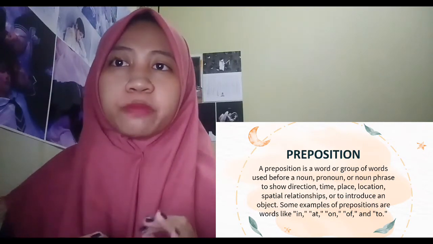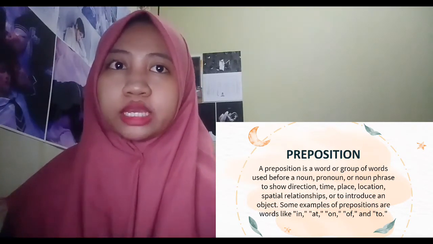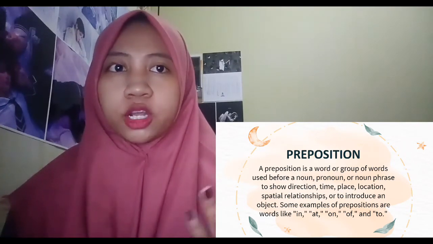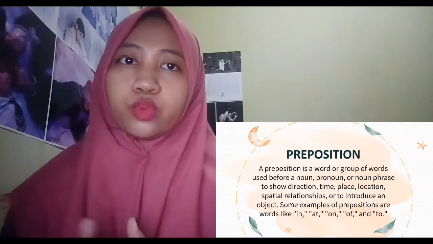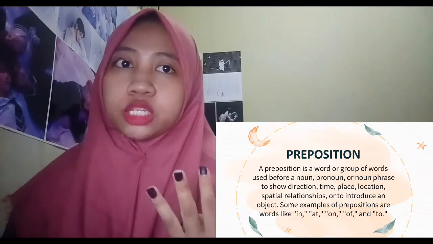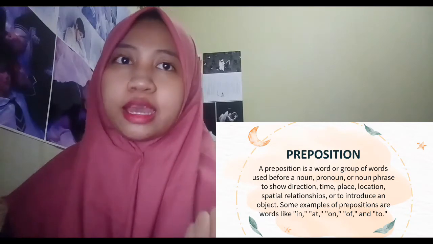Some examples of prepositions are words like in, on, at, to, and for. But in this presentation, I will only talk about 3 of them, which are the prepositions in, on, and at.